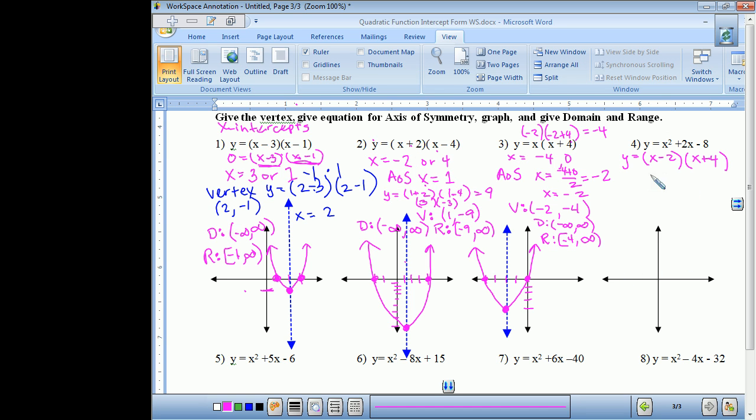So this time, our x-intercepts, what would make this first factor equal to 0, +2, and -4. Okay? So we're going over to +2, and we're going back to -4. Okay? So when they're not factored, that's our first step. Factor them.